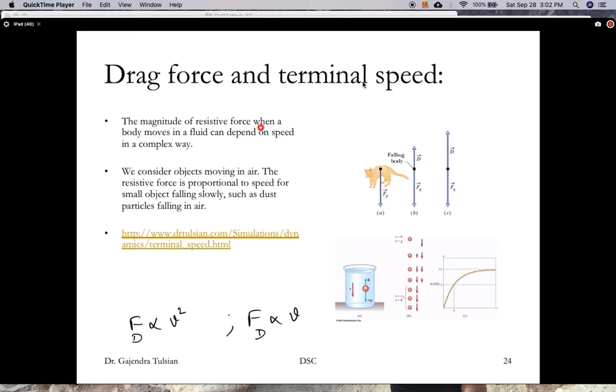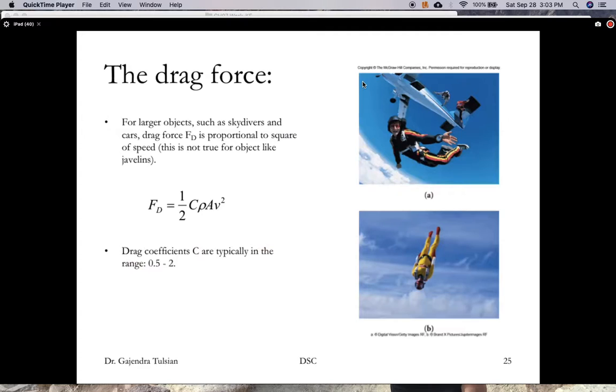The magnitude of the resistive force when a body moves in a fluid can depend on speed in a complex way. The resistive force is proportional to the speed when small objects fall slowly, such as a dust particle in air. For larger objects such as skydivers, the drag force is proportional to speed squared.